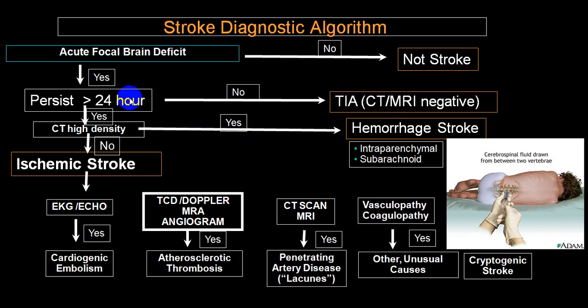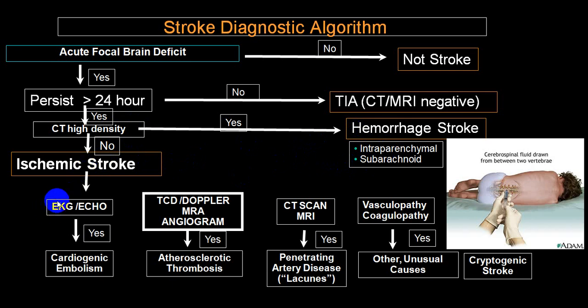Well, if the answer is yes, then CT with high density goes in favor of hemorrhagic stroke, which can be intraparenchymal or subarachnoid. If it shows a high density shadow in a parenchyma, it is intraparenchymal. And in subarachnoid, it is a typical CT picture. If the answer is no, it is ischemic stroke.